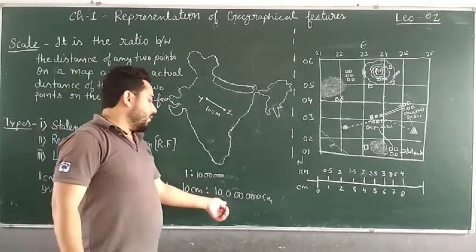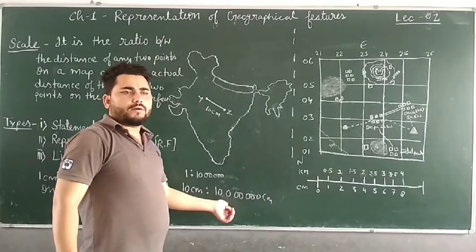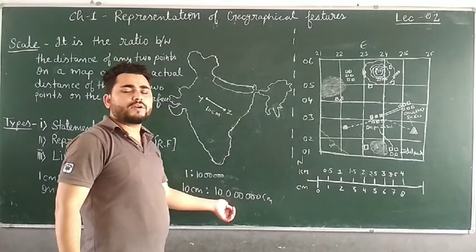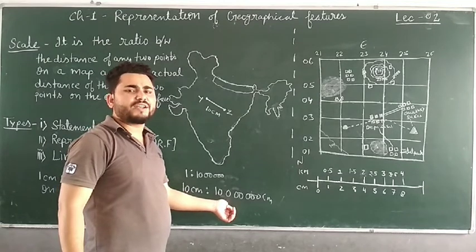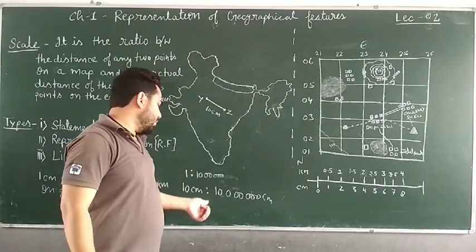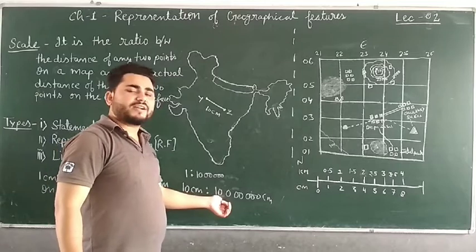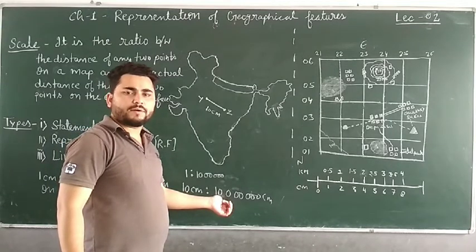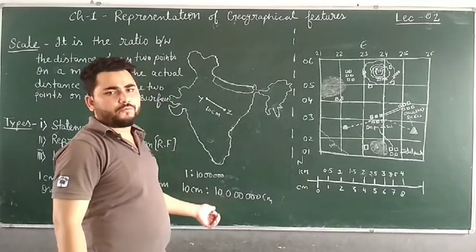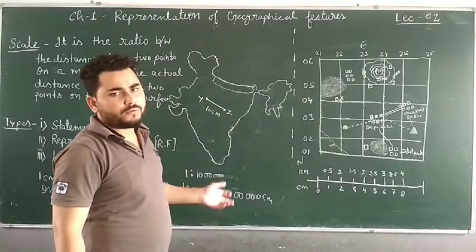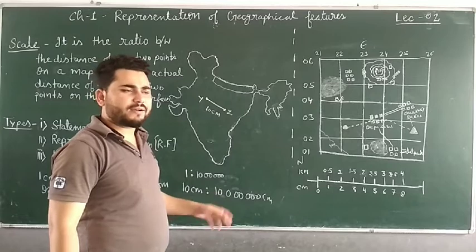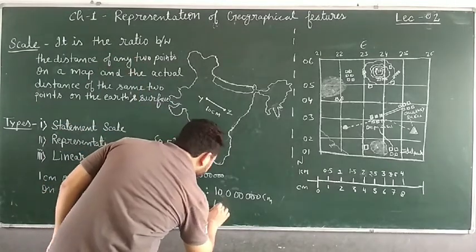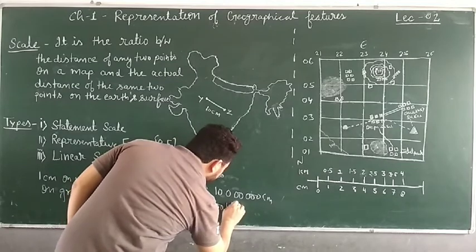So here we know that in 1 kilometer there are 1 lakh centimeter. So if 1 kilometer is equal to 1 lakh centimeter, then 100 kilometer will be equal to 1 crore centimeter. So you can say 100 kilometer.